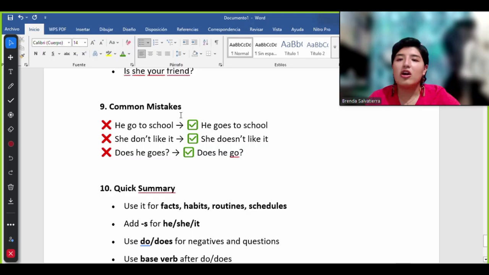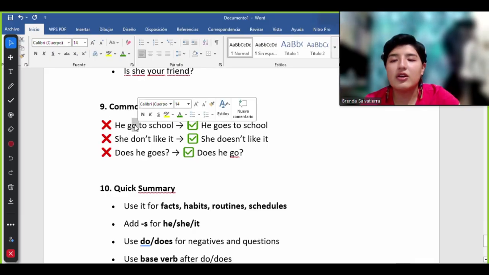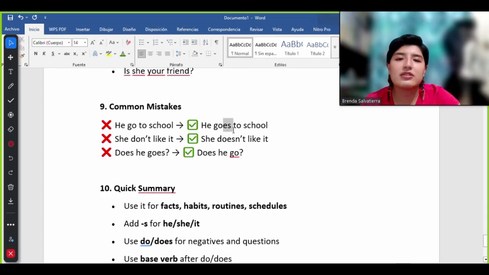Okay. Common mistakes: he go to school, she don't like it, does he goes. Remember that when we use he, she, it, third person singular, the verb has a little modification, and in this case, since this word finishes in o, we add es, right?